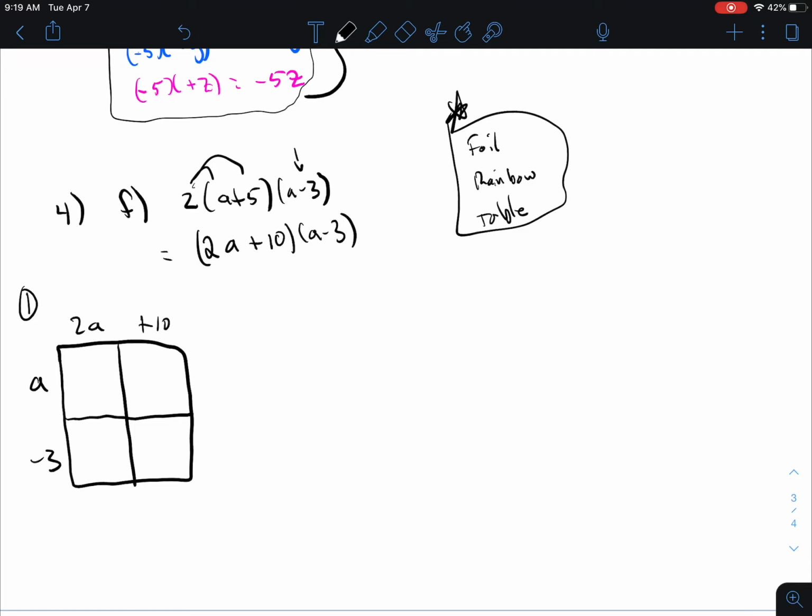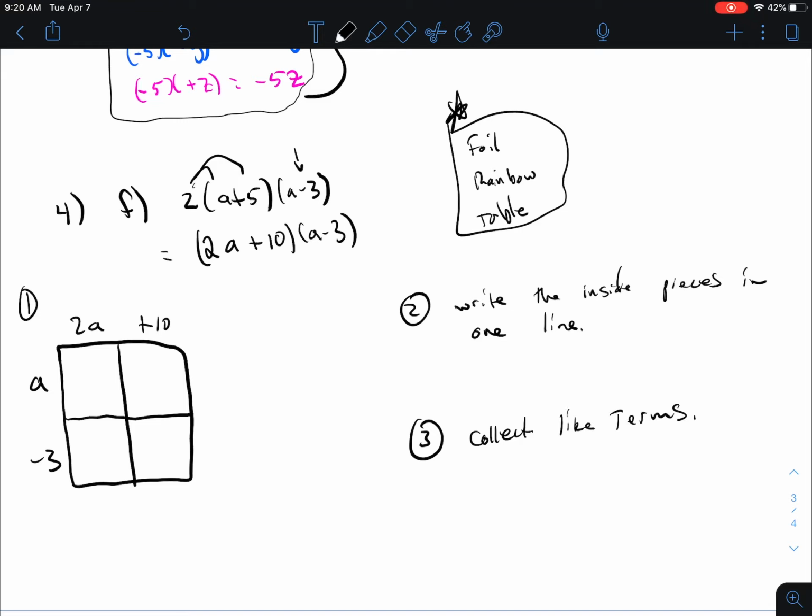Remember, this is step 1. Step 2 will be to write all 4 pieces after you get them, the inside pieces. And then step 3, remember, is collect like terms.